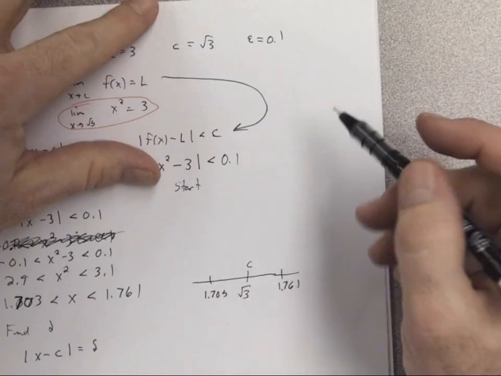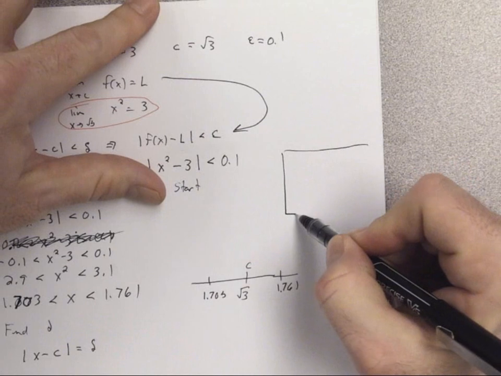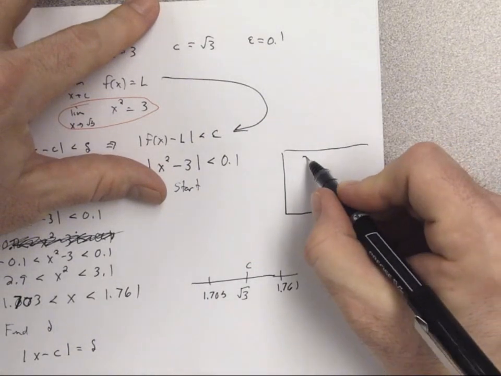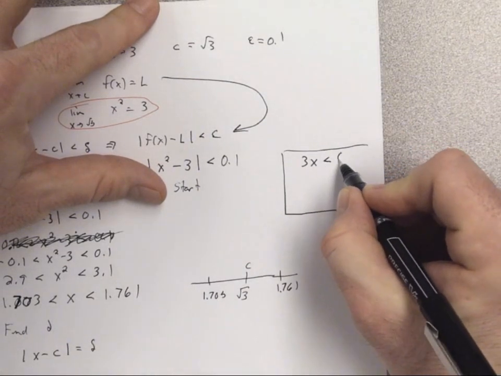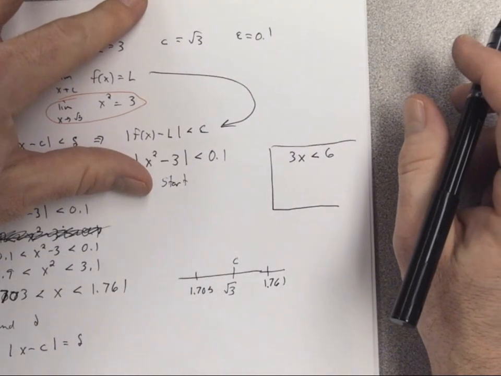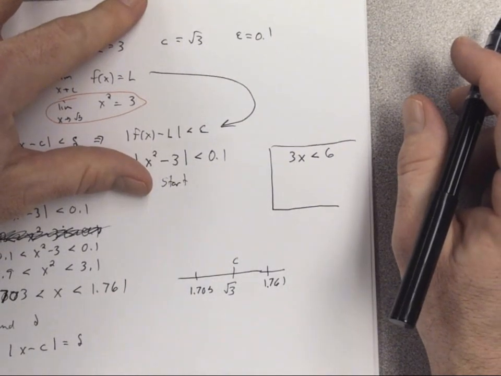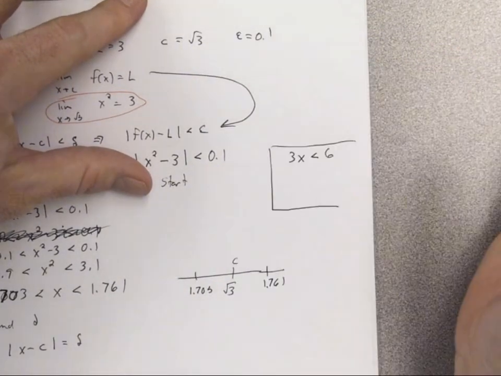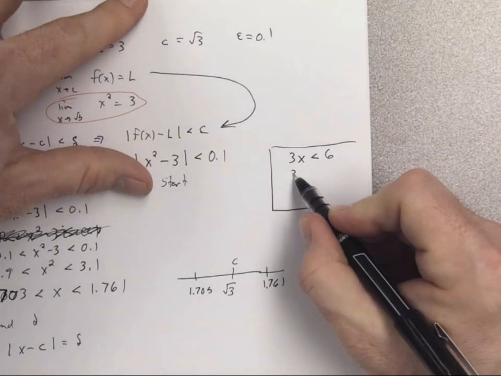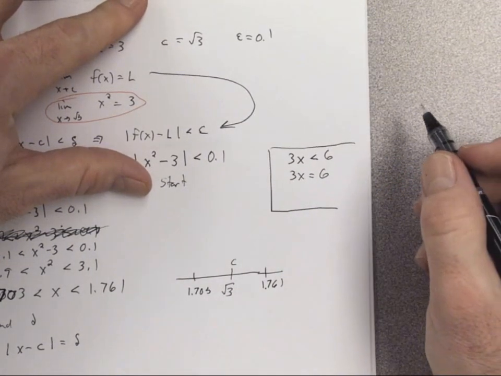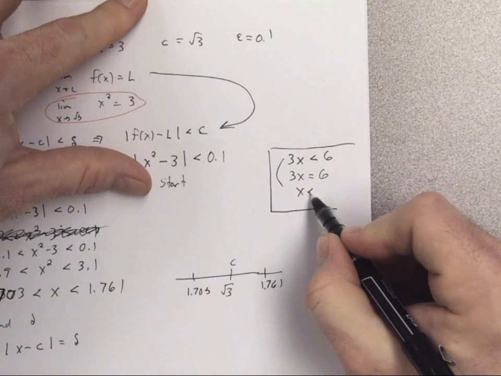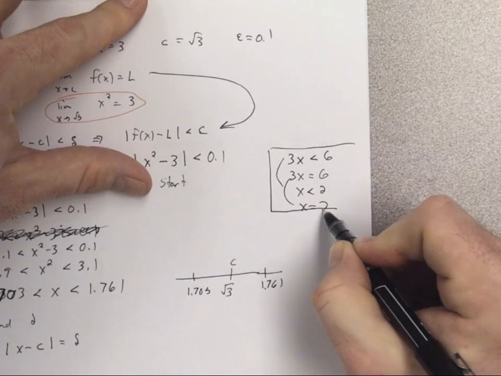So, a little side note. If I ask you to go solve 3x is less than 6, well, how do you actually solve that? Yeah, you divide both sides by 3, right? It's the exact same thing as solving the equality. You guys agree? So when you solve this, it says x is less than 2, but when you solve the equality, x is equal to 2, right?